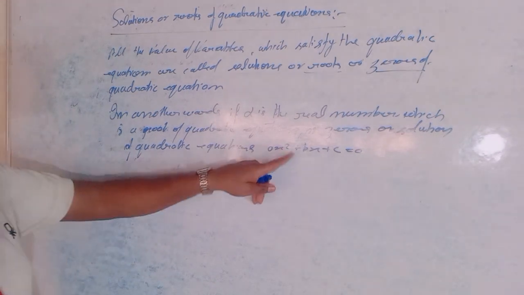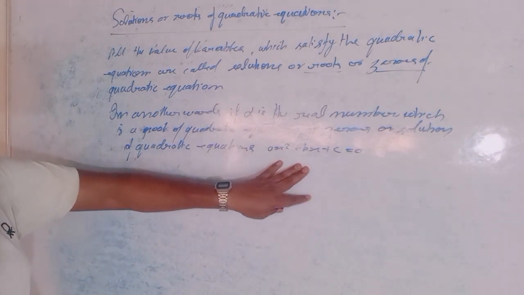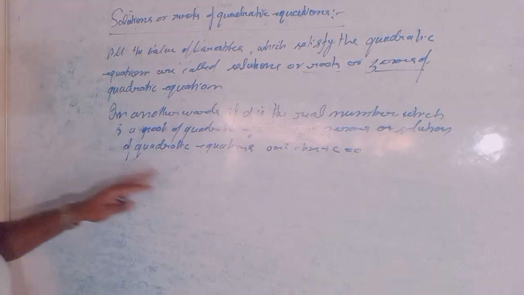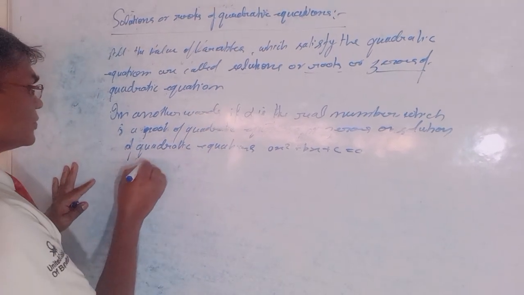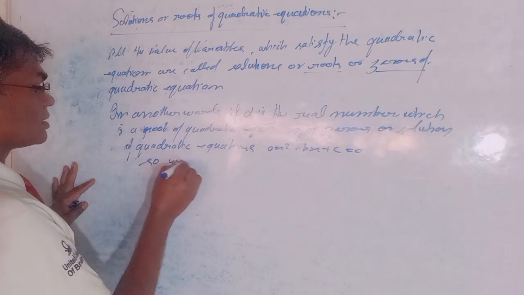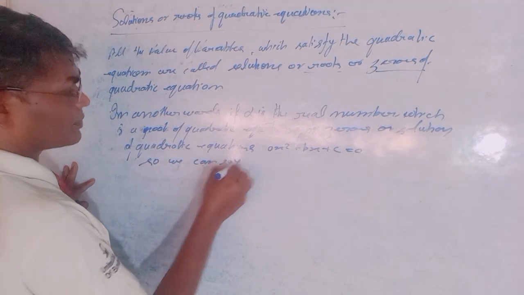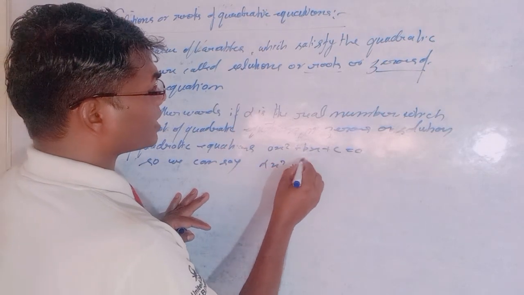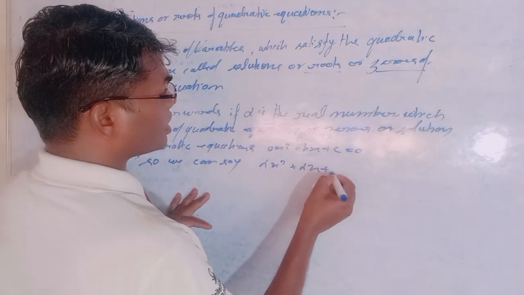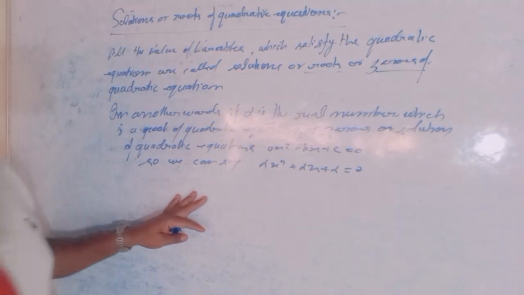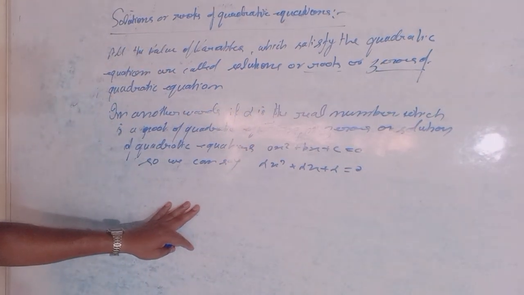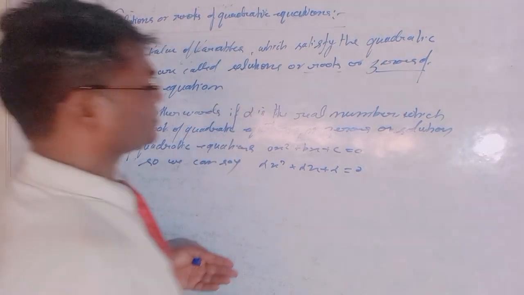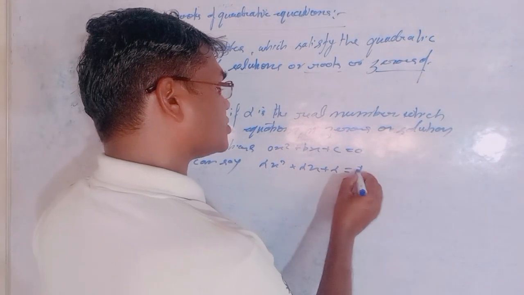This is the standard form of the quadratic equation. If it is written in this form, we could say alpha x square plus alpha x plus alpha equals 0, but this is not correct.